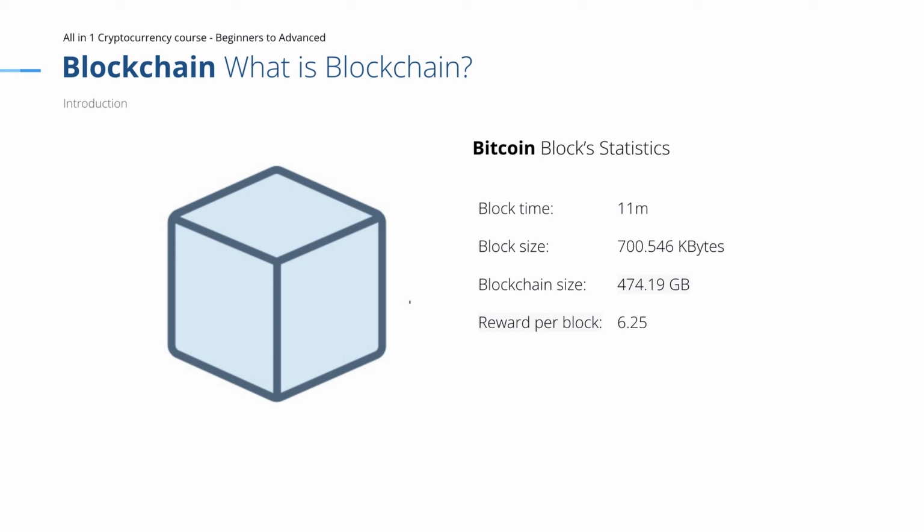That's how manipulation is not possible, because as many computers or nodes have the same data, manipulation becomes harder. So that's how cryptography is stronger: the data is distributed among the nodes.